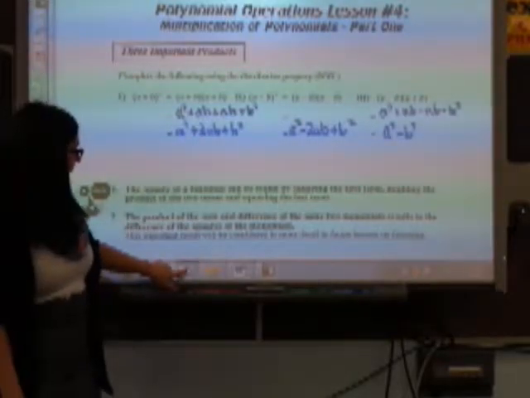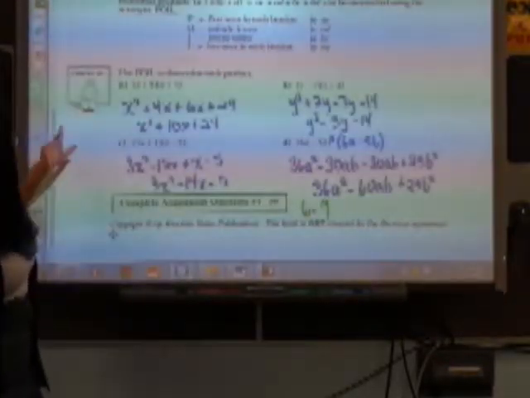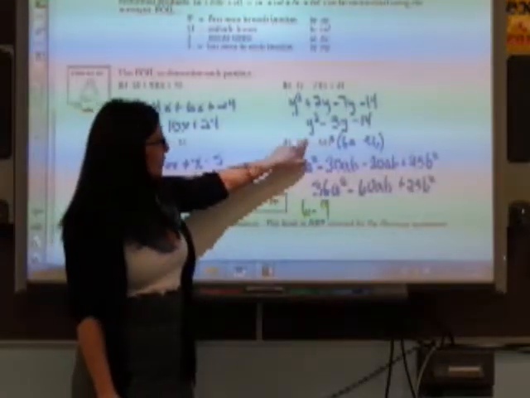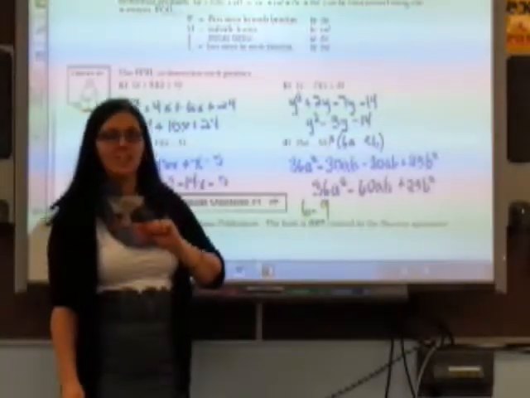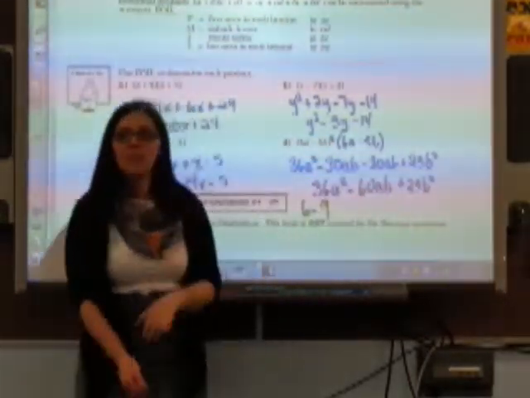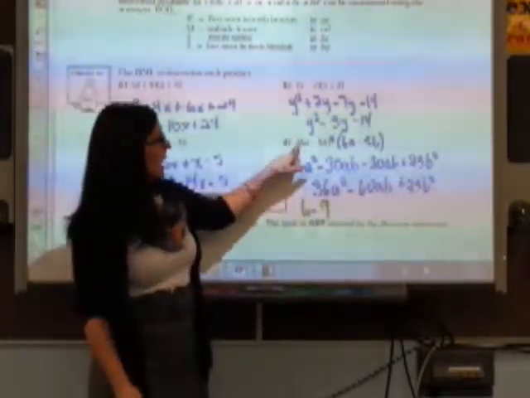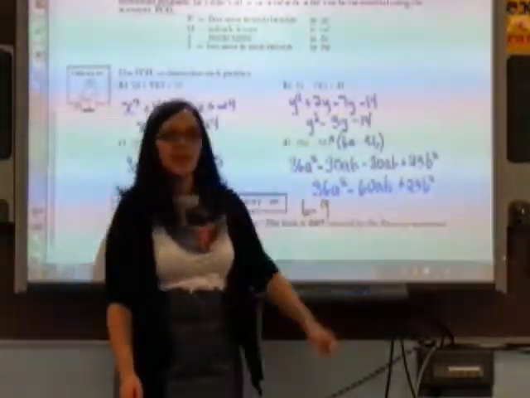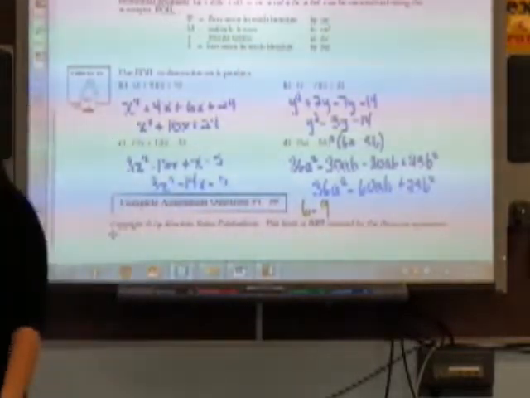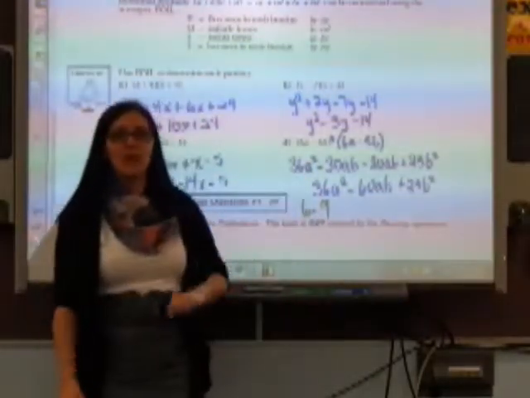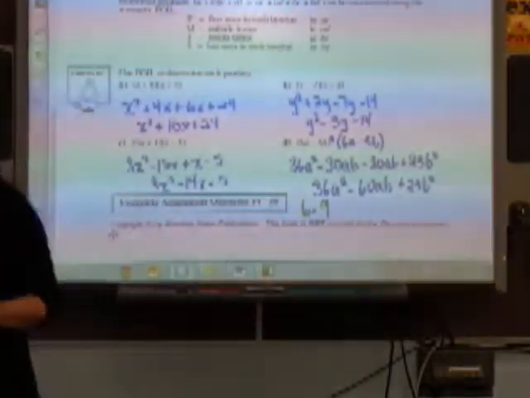So if I go back to the last question that we had before, square the first term, there's my 36a squared. Square the last term, there's my 25b squared. How can I use the 6 and the 5 and the a and the b to get the negative 60ab? Okay, if I multiply them together, I get 30ab.